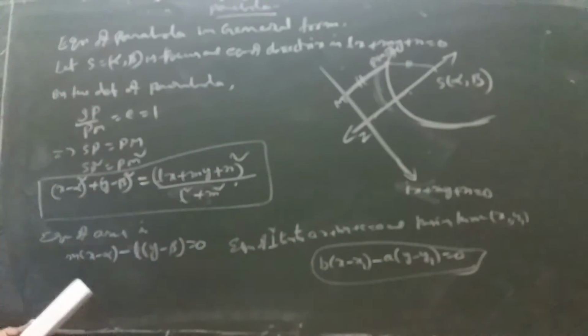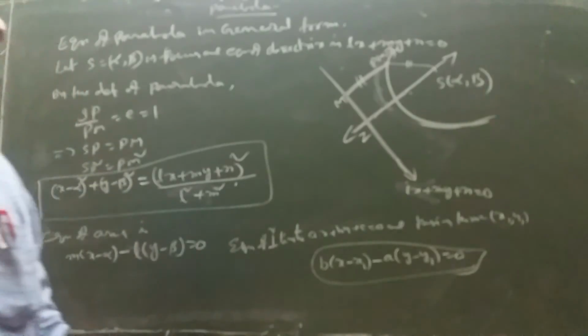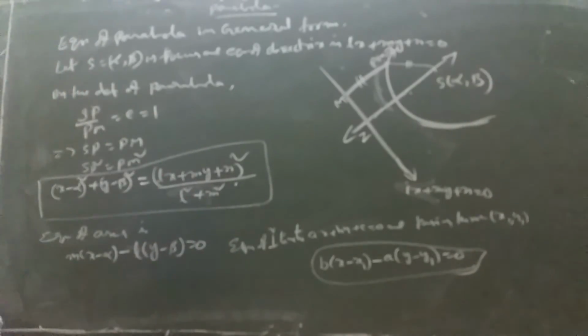By using that we can find the equation of the axis. Okay, this is the general form of parabola.